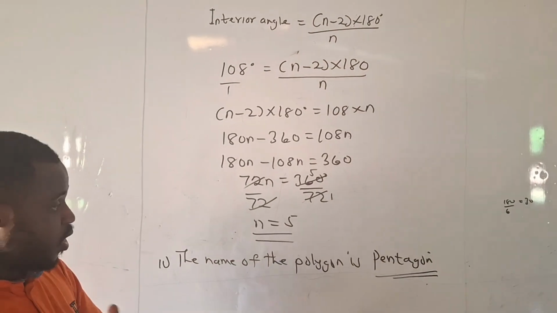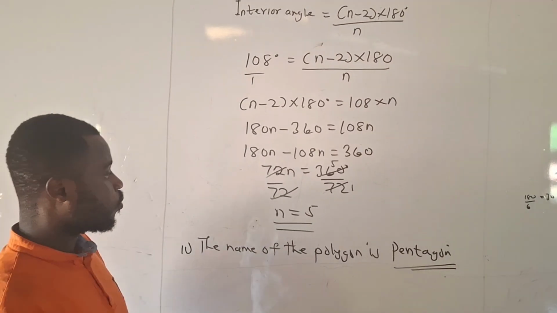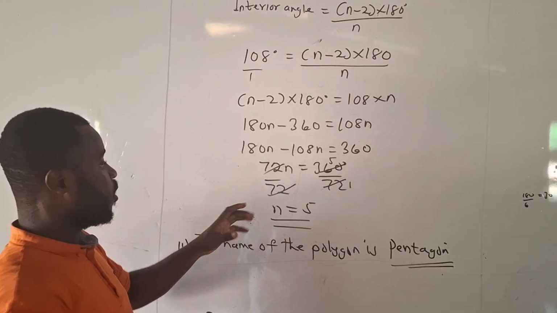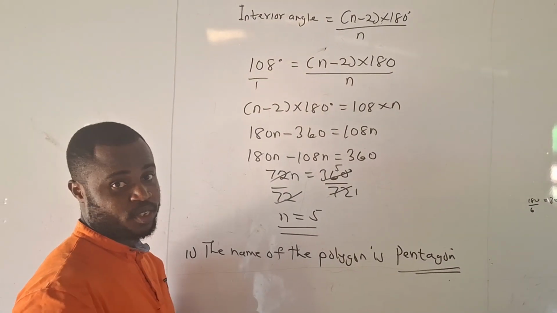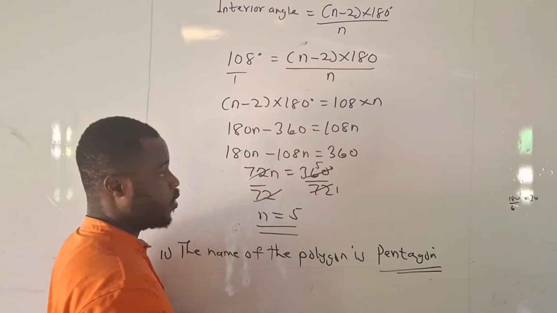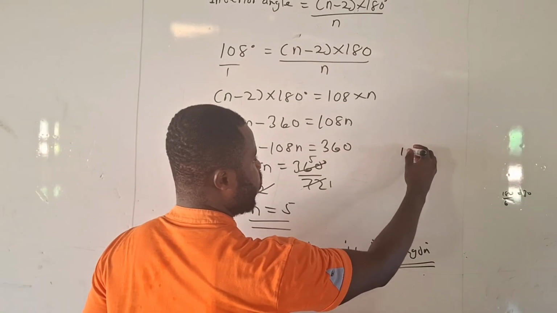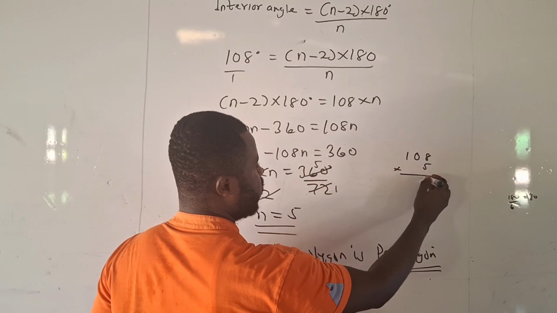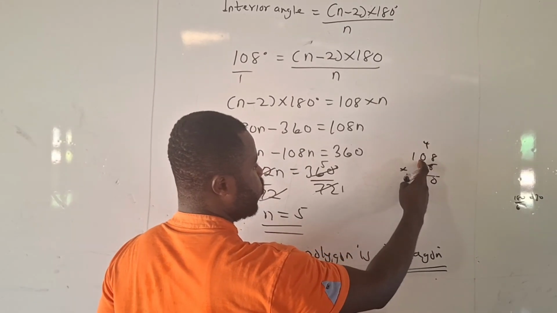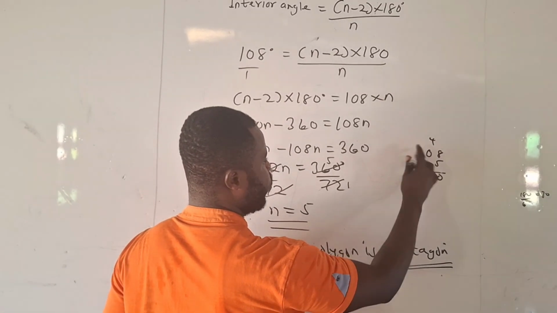Now quickly, let's prove something here. They said the interior angle of the polygon is 108 degrees and the number of sides is 5. So let's see something: 108 times 5. 5 times 8 is 40, write 0 and remember 4. 5 times 0 is 0 plus 4 is 4. 5 times 1 is 5.